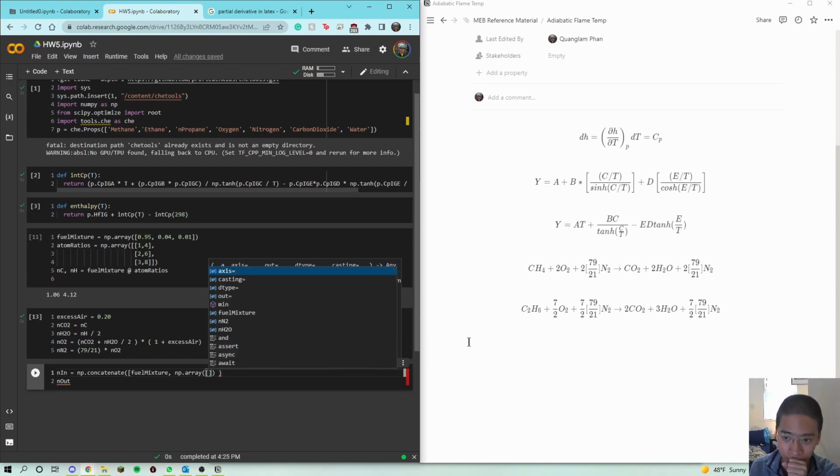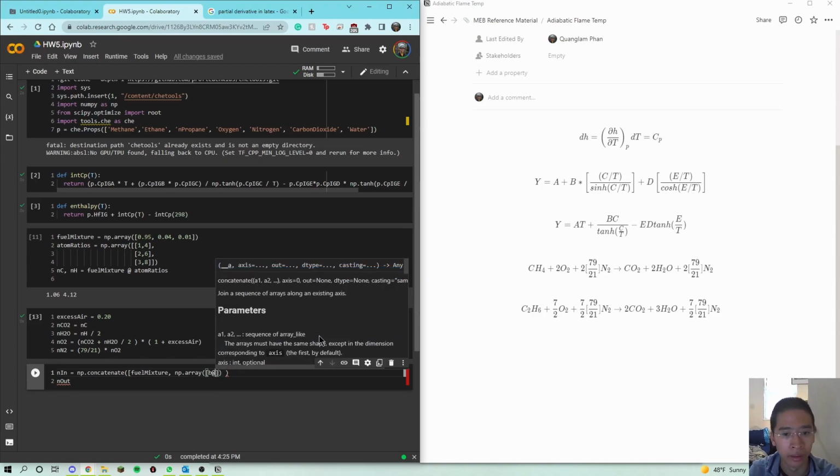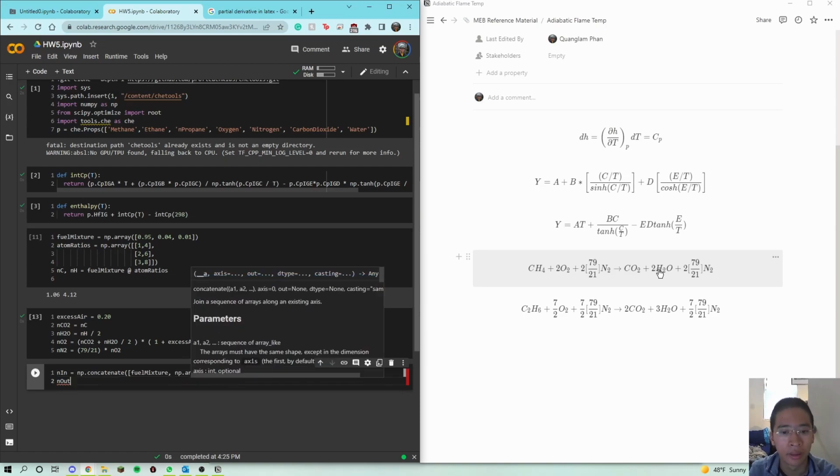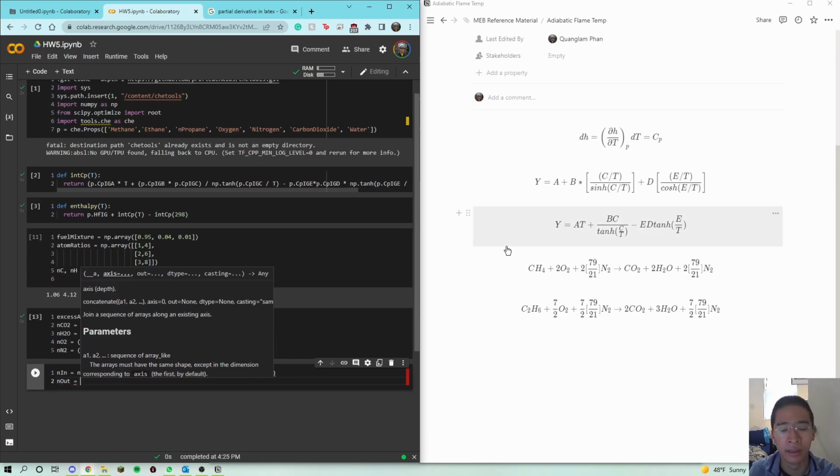Our fuel mixture, because methane, ethane, propane. What's next? It's going to be oxygen, O2, at the beginning. Nitrogen, N2. And we don't have any carbon dioxide, nor do we have any water at the beginning. So, 0, 0.